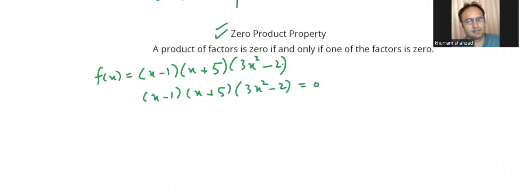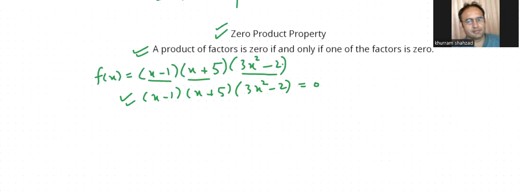So this is the zero product property: a product of factors is 0 if and only if one of the factors is 0. It means the product of all these factors, what are these factors? x minus 1, x plus 5, 3x square minus 2. These are the factors for this polynomial.